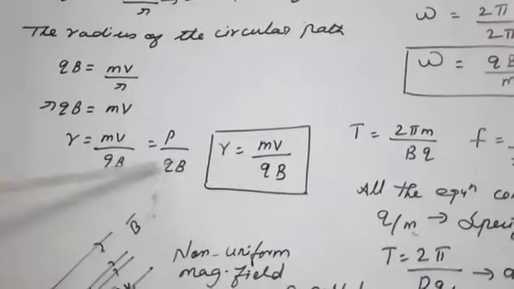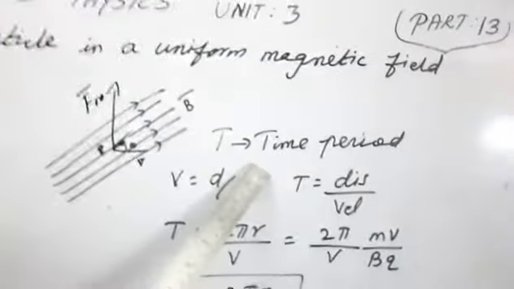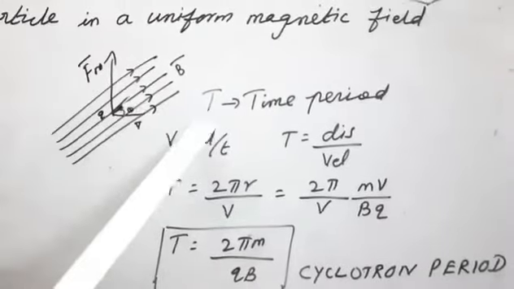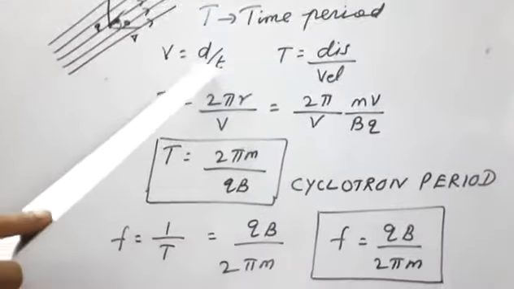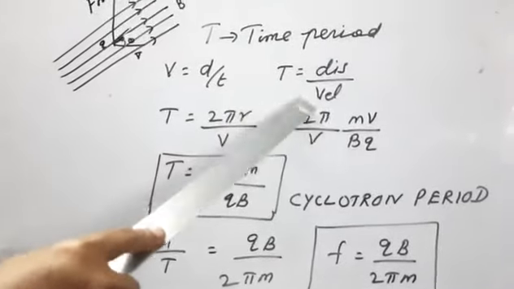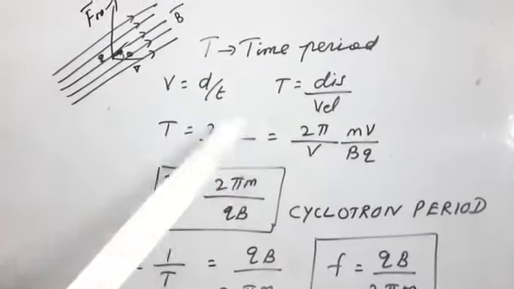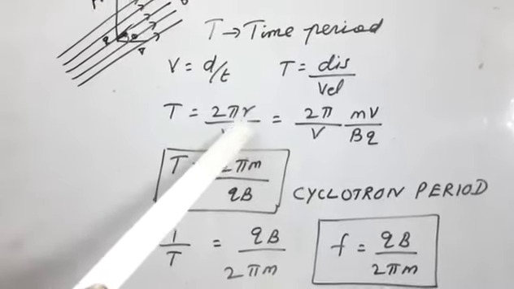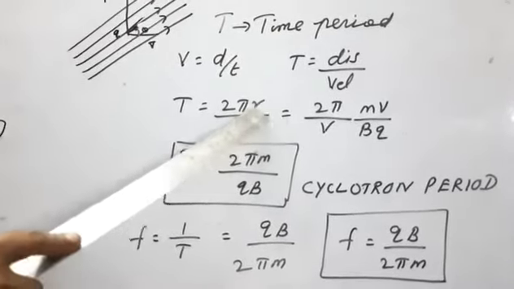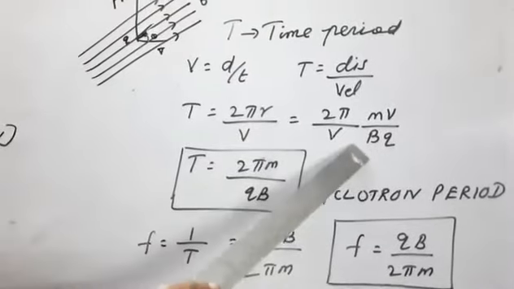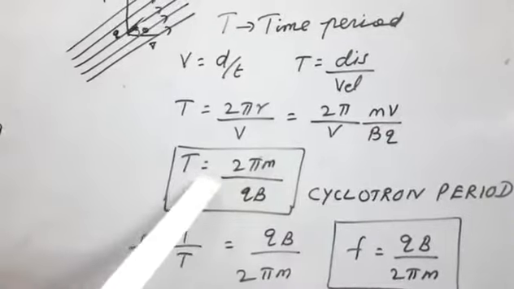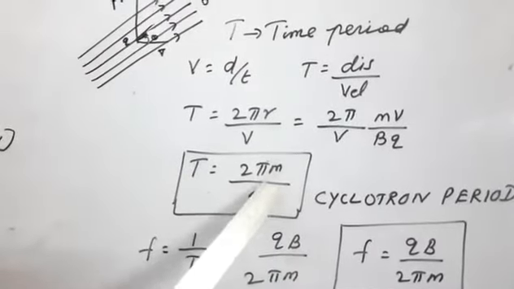Next, capital T is known as the time period taken by the particle to finish one complete circular motion, and velocity v equals d by t. Therefore, time t equals distance by velocity. Therefore, t equals 2 pi r divided by v, and for r we can substitute mv by bq. v cancels, so we can write t equals 2 pi m divided by qb.